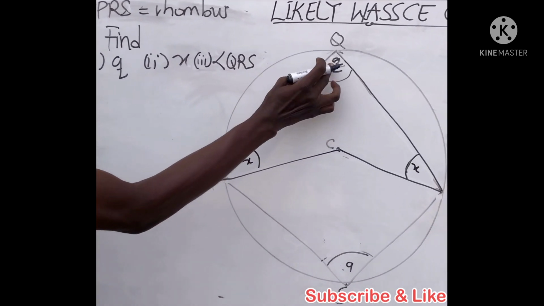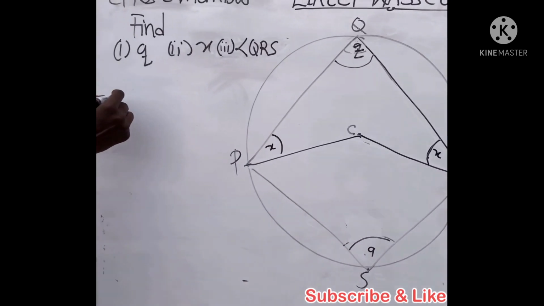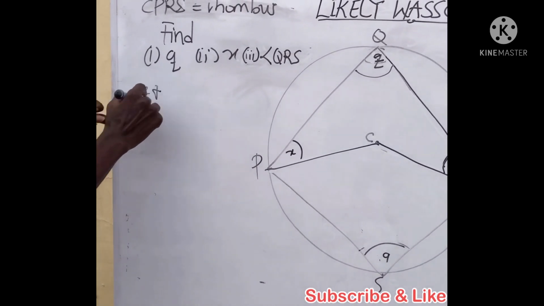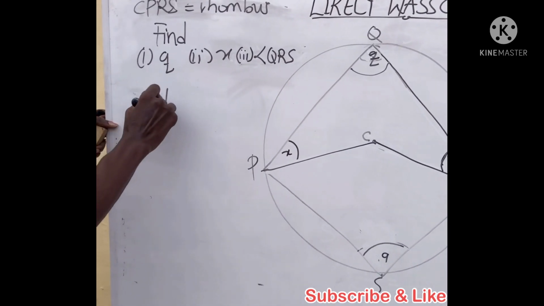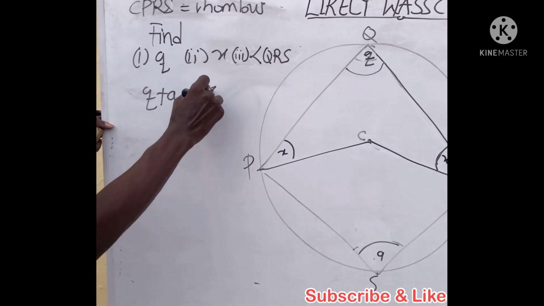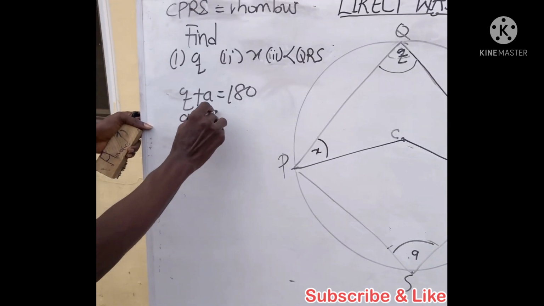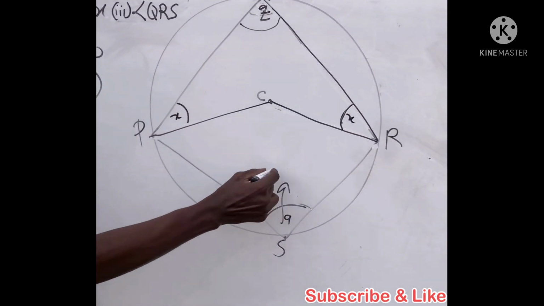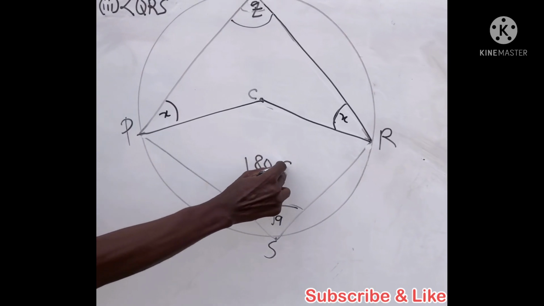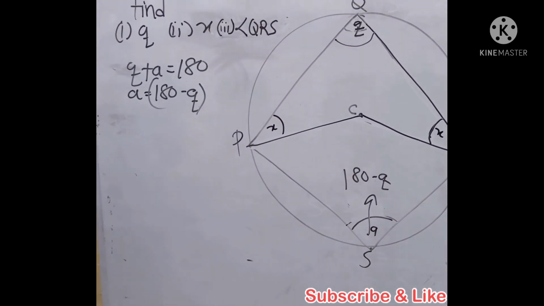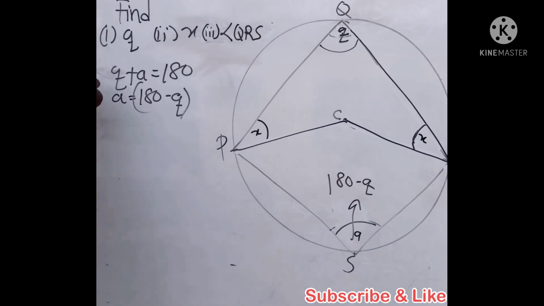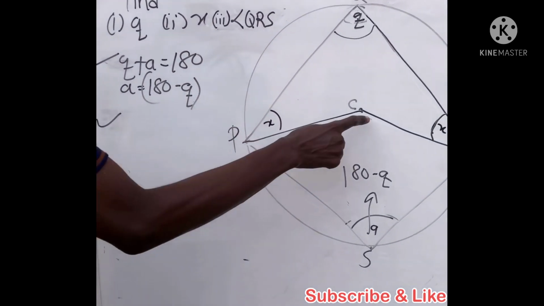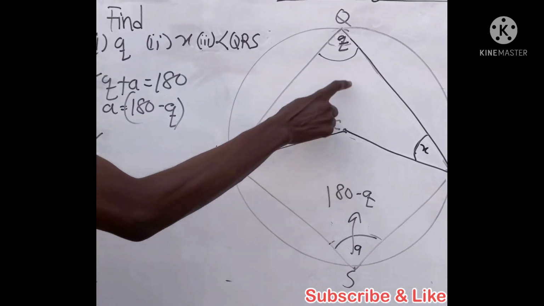So Q plus A should add up to 180. Therefore, A is equal to 180 minus Q. We know that another rule said that the angle here is twice the angle here.